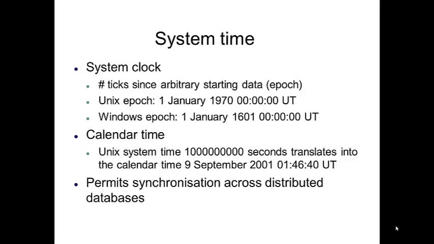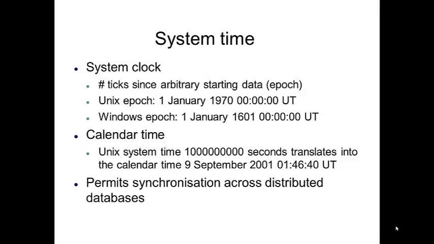So the system clock is ticking, counting how many ticks; how it counts ticks, I've no idea, since these time periods. So in Unix system time, 1,000 million, 1 billion seconds, translates into a calendar time of 9th of September 2001 at 1:46:40 universal time.